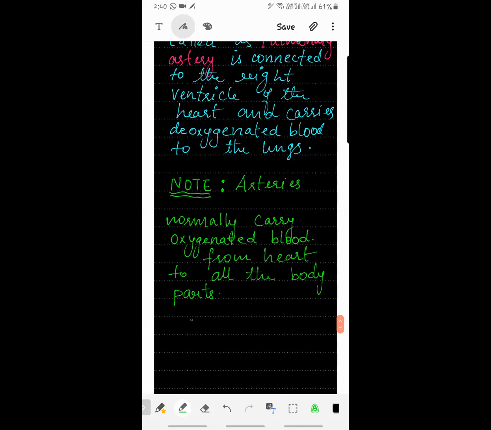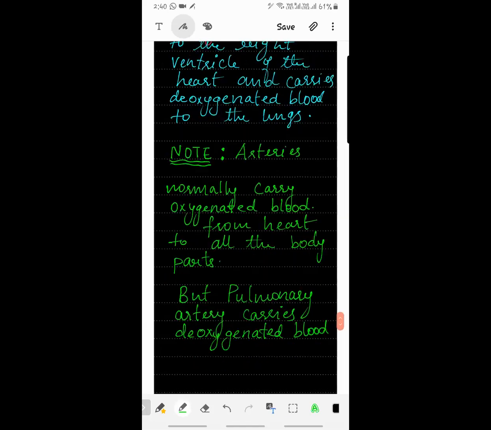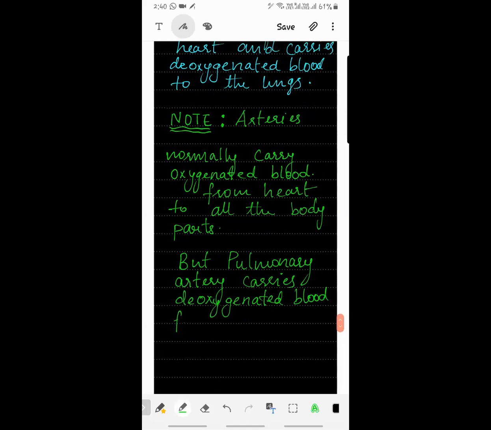But the pulmonary artery carries deoxygenated blood from the heart to the lungs.